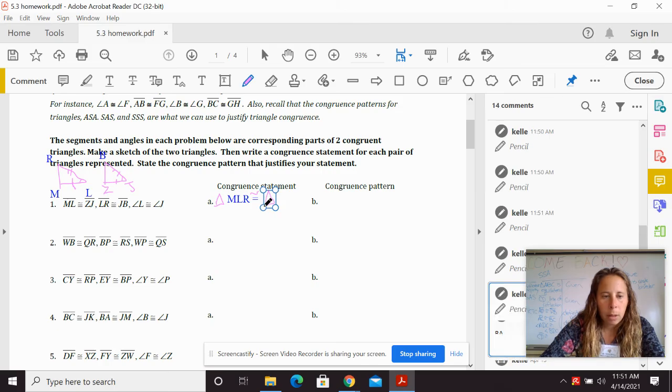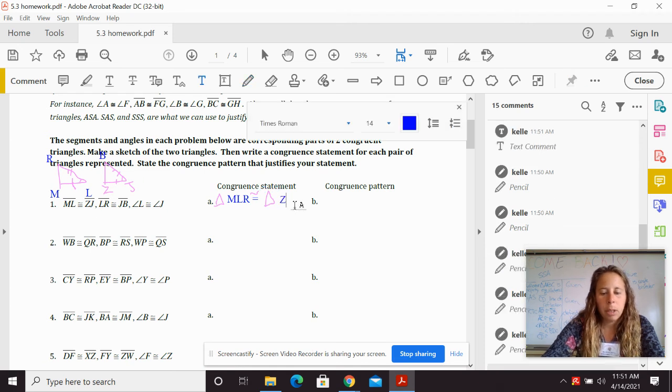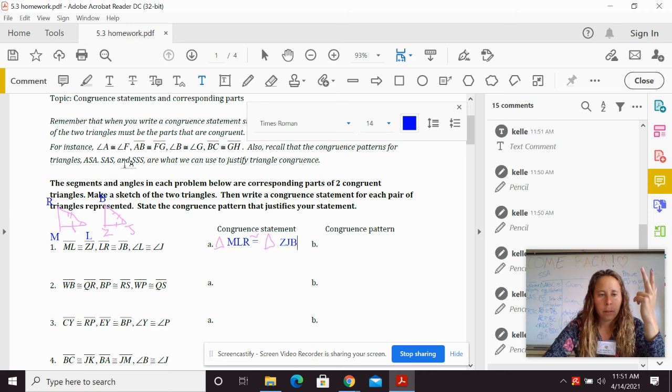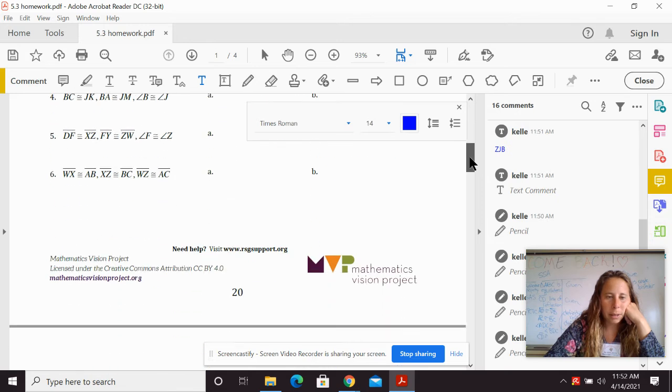I did MLR, so I have to do ZJB. They have to match. And is that by side, side, side, or angle, side, angle? Which congruency pattern? It is by side, angle, side: two sides and the angle in between. So that's what you're doing for 1 through 6.